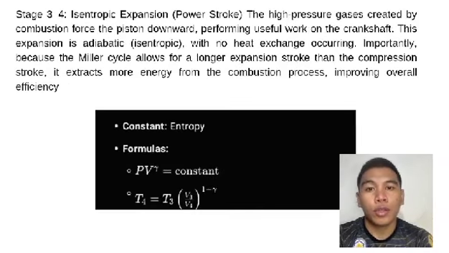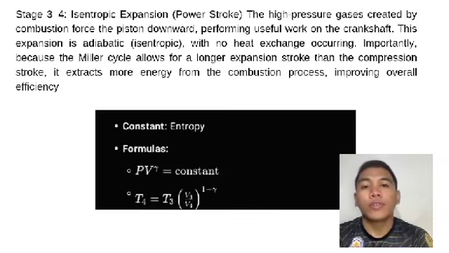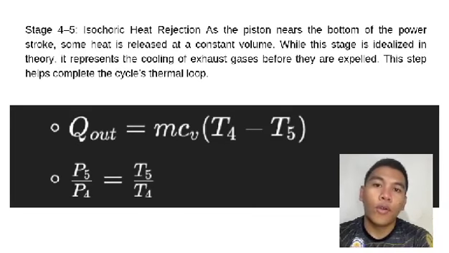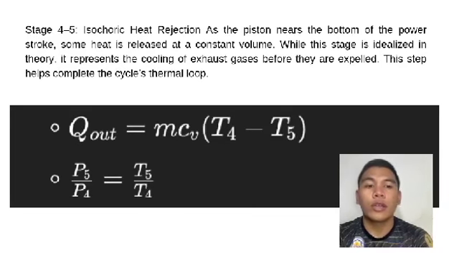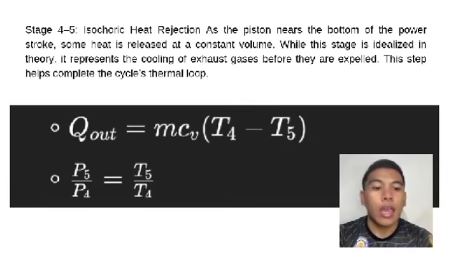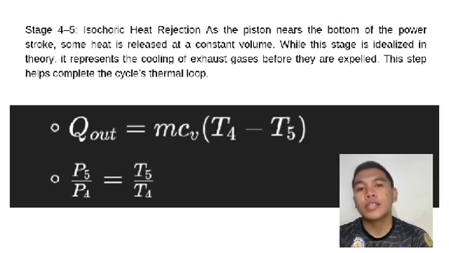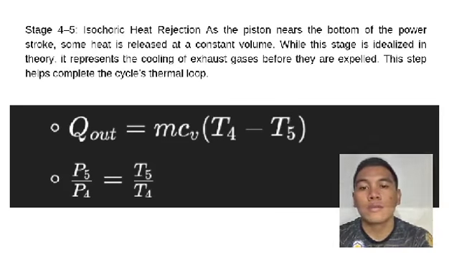The fourth, expansion stroke, 3 to 4, isentropic. Fifth and the last one, heat rejection and exhaust, 4 to 5 and 5 to 1, isochoric and isobaric. Each stage contributes to the overall performance and efficiency of the cycle. We'll now go through the stages one by one.